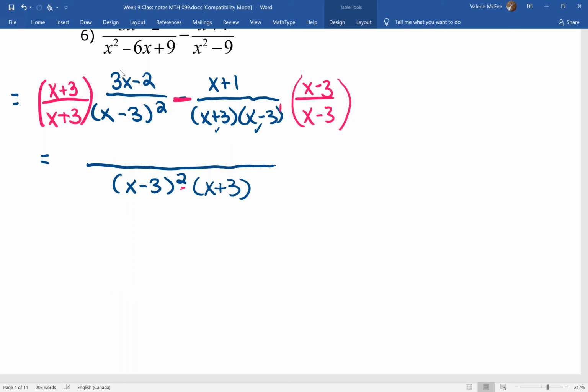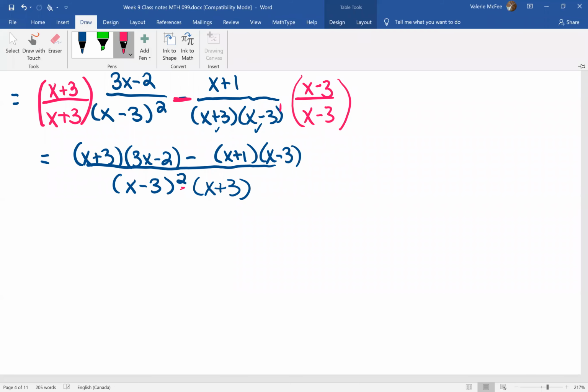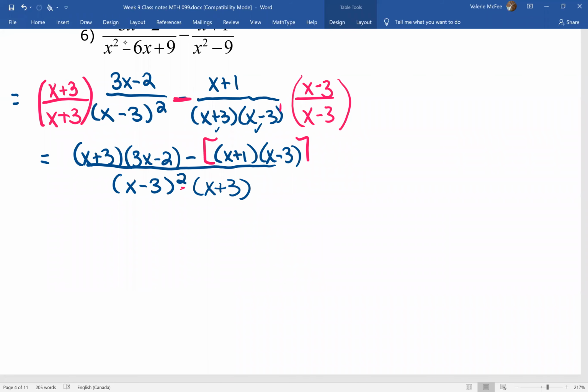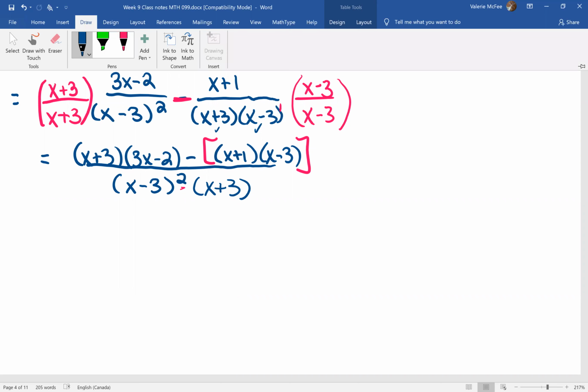And of course, we are subtracting. So we have x plus 3 times 3x minus 2, subtract x plus 1 times x minus 3, and because we're subtracting, we know we need to subtract this entire product. Have I mentioned that this would make a very good test or exam verifying question?